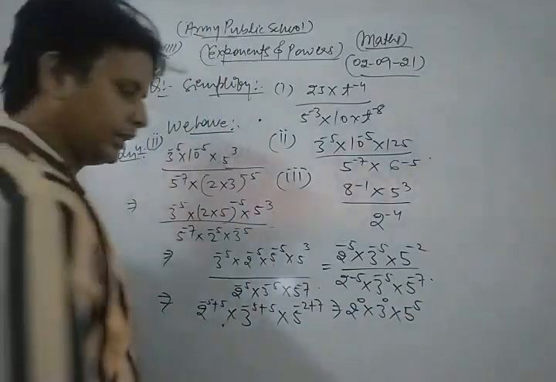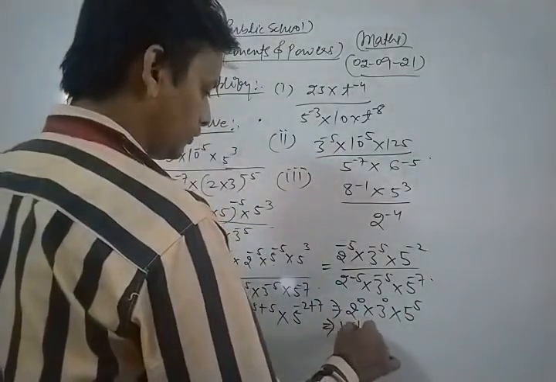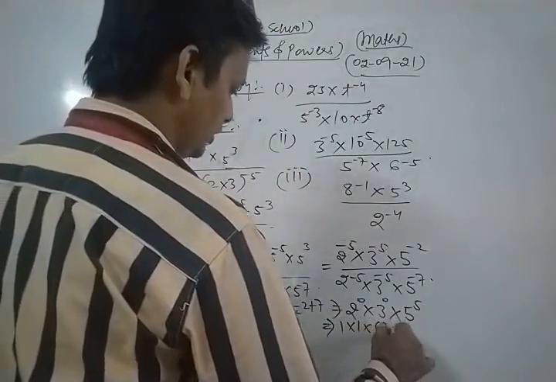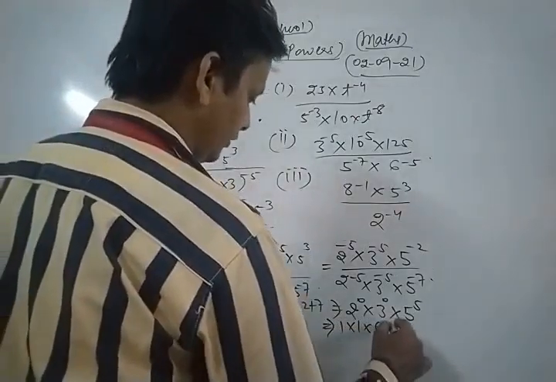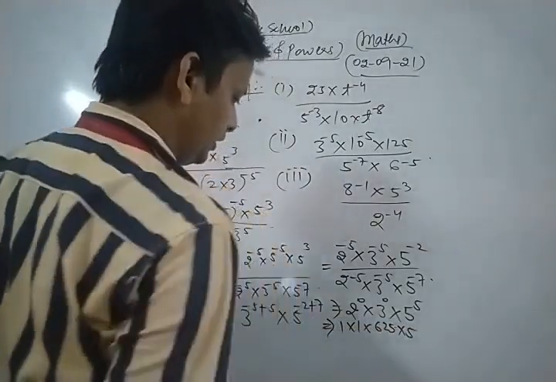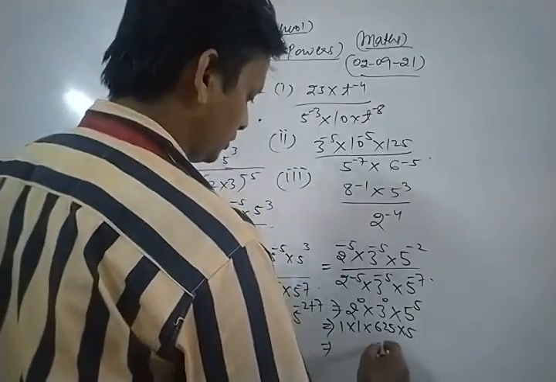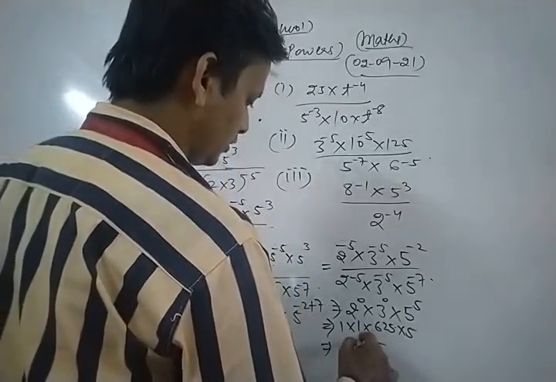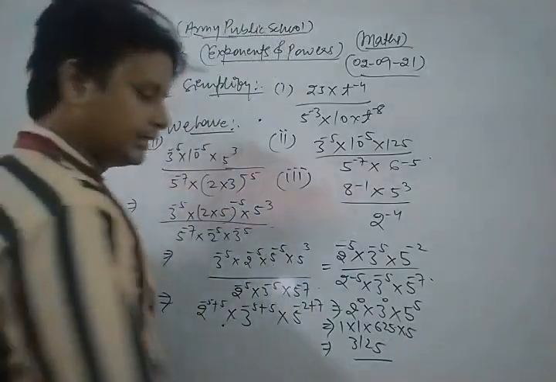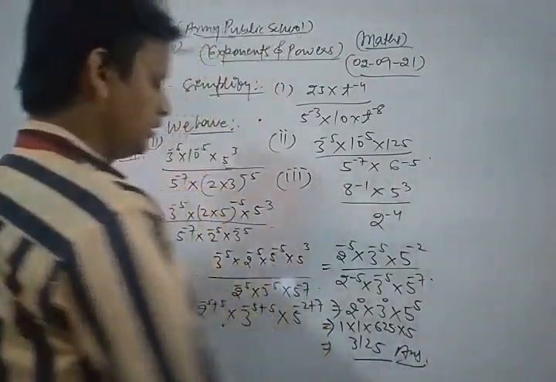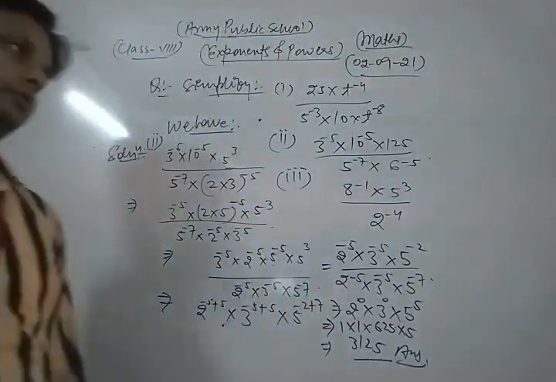So we get 2 power 0 is 1, that is 1 into 5 power 5, which is 3125. This is the required solution of the given question number 2.